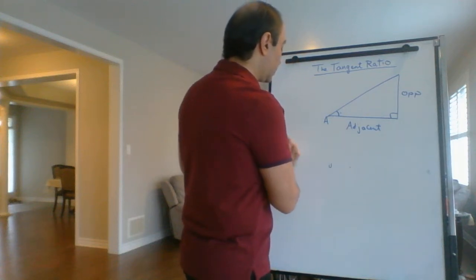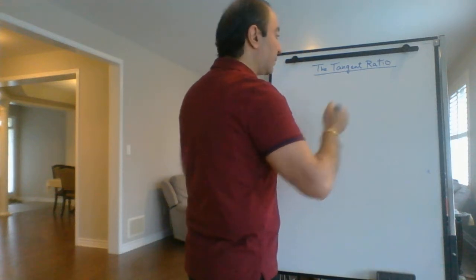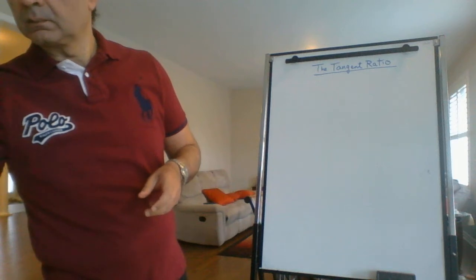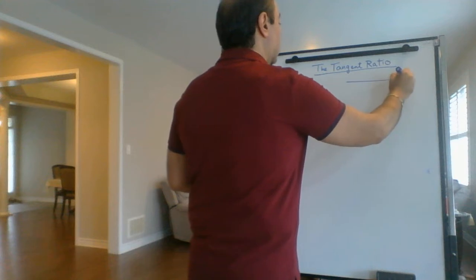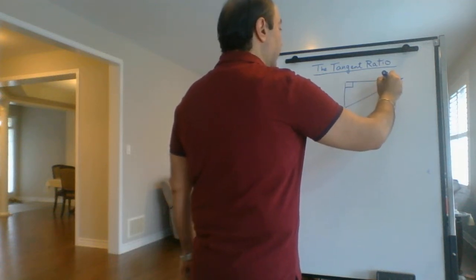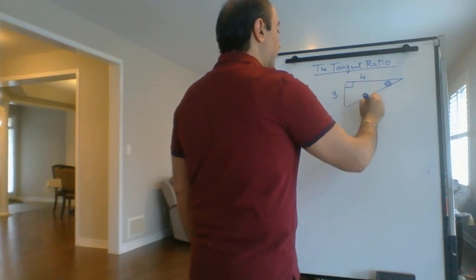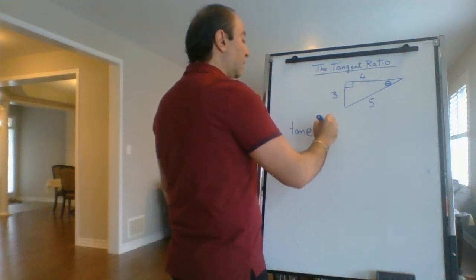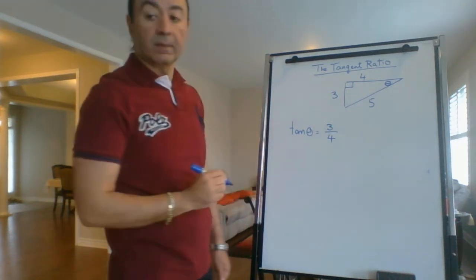The second thing I want you to know. For example, if we have a right triangle like this, and this is angle theta, and the sides are 3, 4, and 5, tan theta will equal 3, opposite, over adjacent, which is 4.